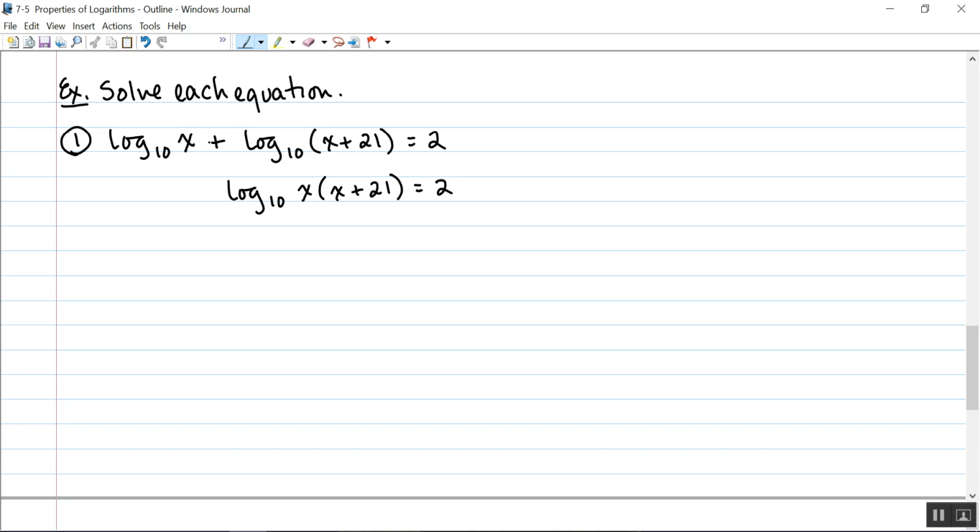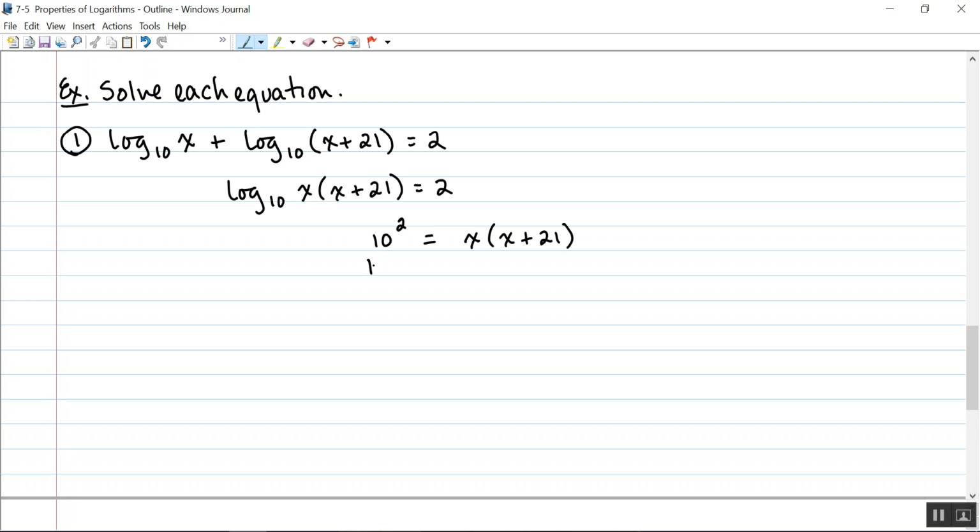So these two things being added here, I can combine them using multiplication. Now let's take this equation and write it in exponential form. I'm going to take my base, which is 10, raise it to the power of what it's equal to, which is 2, is equal to what I'm taking the log of, x times x plus 21.